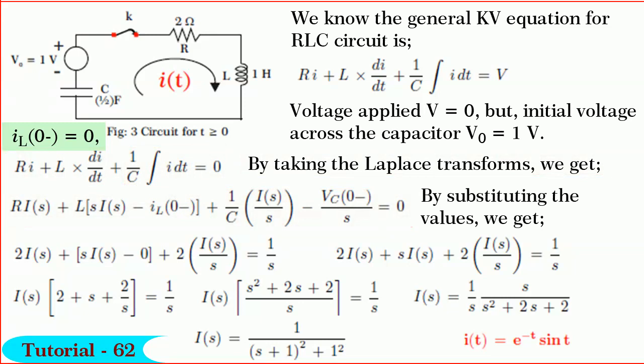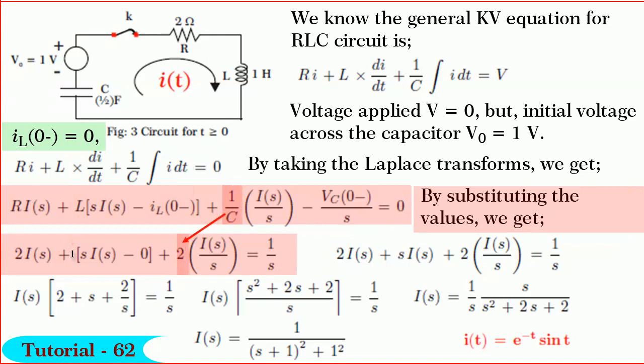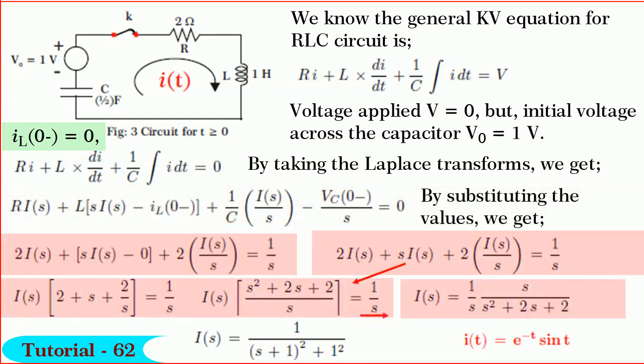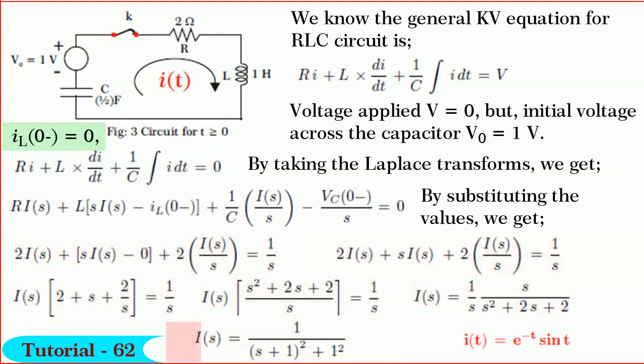By substituting R = 2 ohm, L = 1 henry, C = 1/2 farad, and Vc(0−) = 1 volt, and rearranging and solving for I(s), we get I(s) = 1/((s + 1)² + 1²). By taking the inverse Laplace transform, we get i(t) = e^(−t) sin t. Hope it is clear to you.